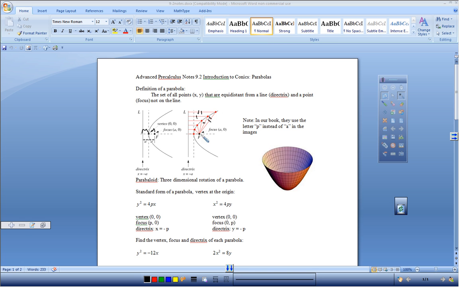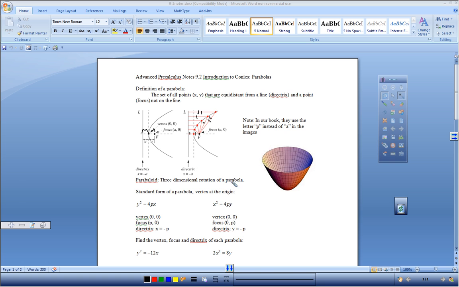And if I find all the points that are equidistant from that line to this curve, and then from that point to that point, that's called the focus. So from here to here and here to here are the same. From here to here and here to here are the same. And that's how we generate the equation or the curve of a parabola. Okay?